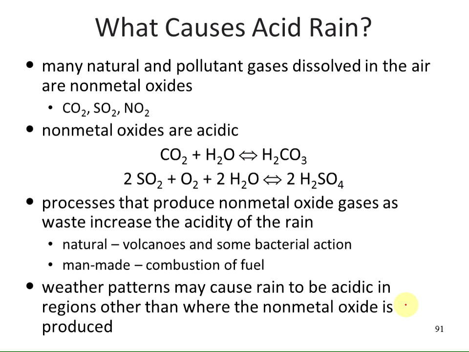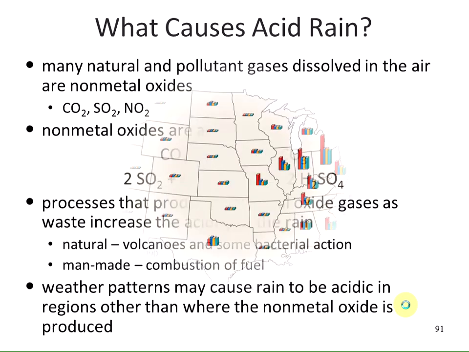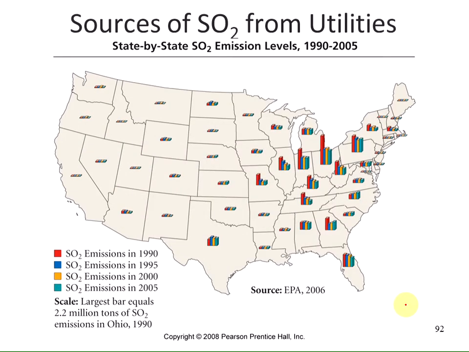Now, weather patterns may cause rain to be acidic in regions other than where the non-metal oxide is produced. So just because you have your non-metal oxides being produced in that area, the wind or other weather patterns may carry them to other areas and produce the acid rain. This graph is just illustrating sources of SO2 from utility plants and based on different years.